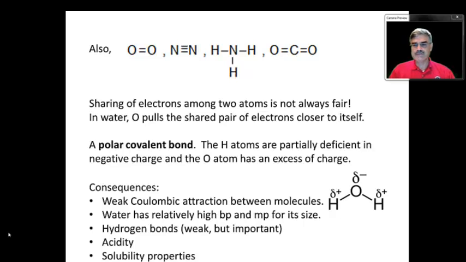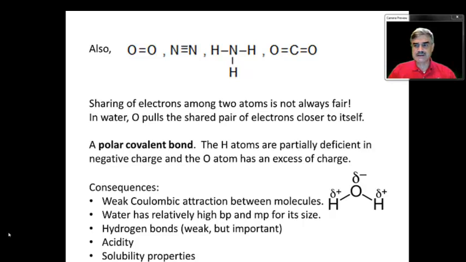Now, the sharing of electrons, remember a dash is a shared pair of electrons. The sharing of electrons between two atoms is not always fair or always equal. For example, if we consider water, H2O, oxygen, and then it's bonded to two different hydrogens, okay, with a covalent bond between the central oxygen and each of those hydrogens.